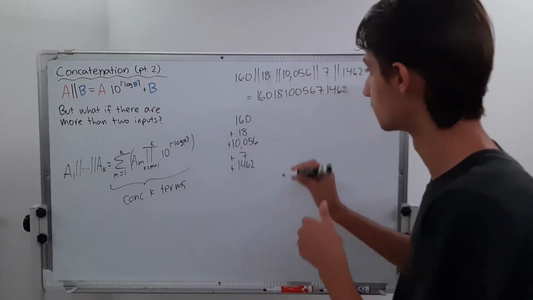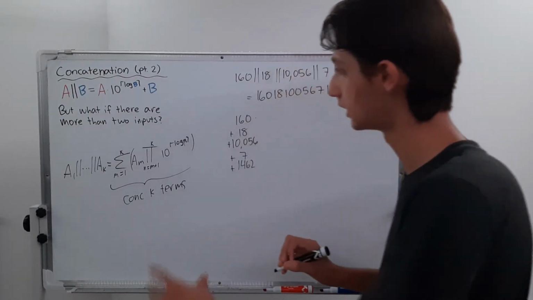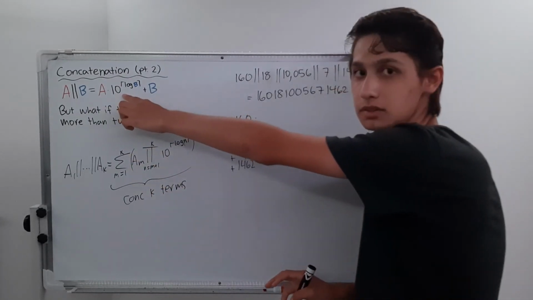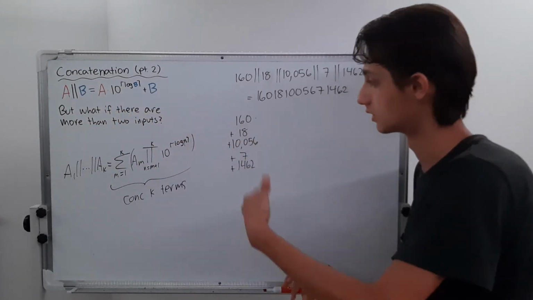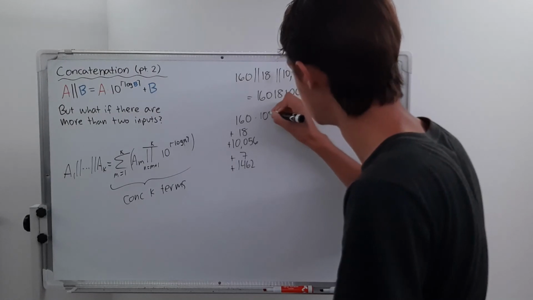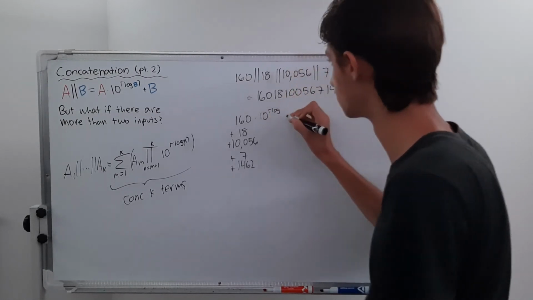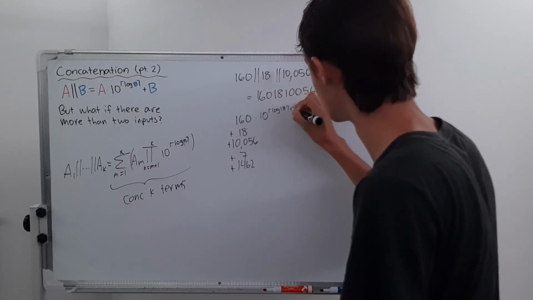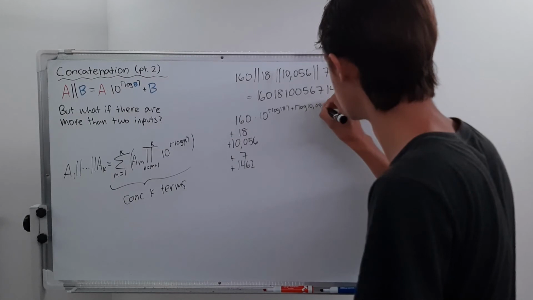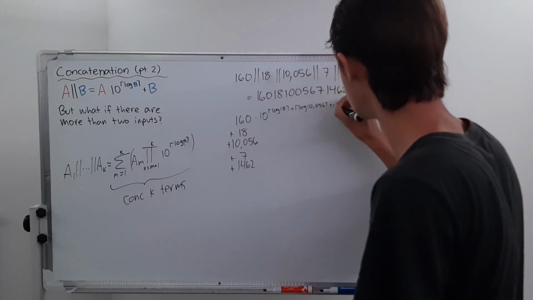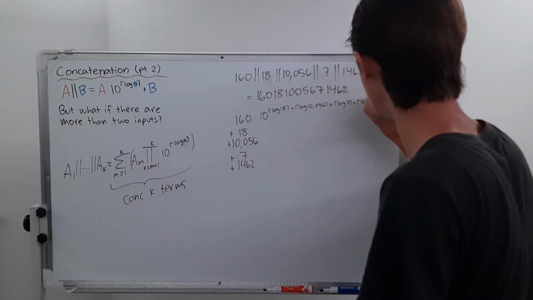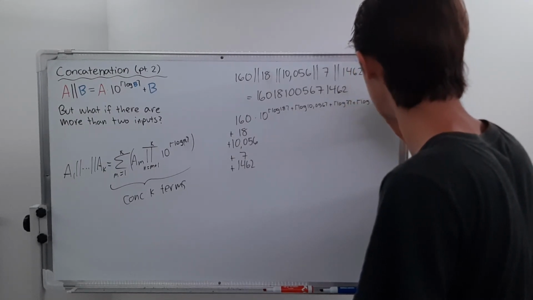Since you're multiplying a bunch of them, you can add the exponents together because it's the same base, so that's what I'm just going to do for simplification. So 10 to the ceiling of log of 18, plus ceiling of log of 10,056, plus ceiling of log 7, plus ceiling of log 1462.